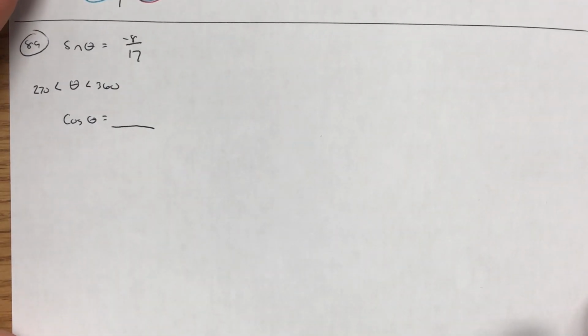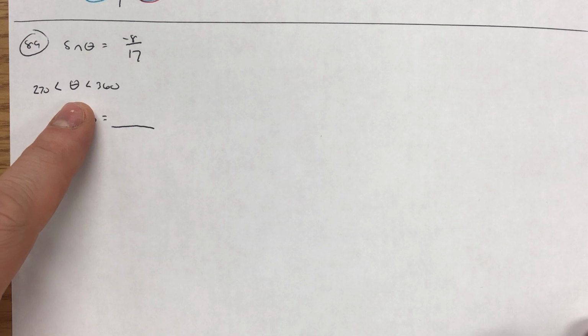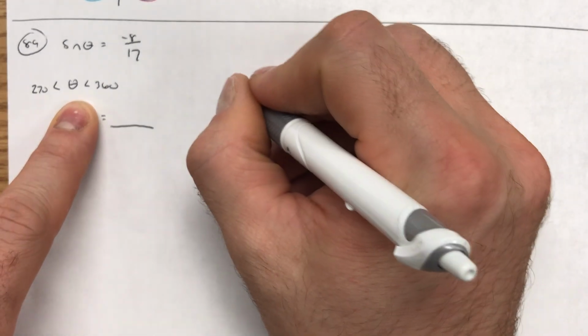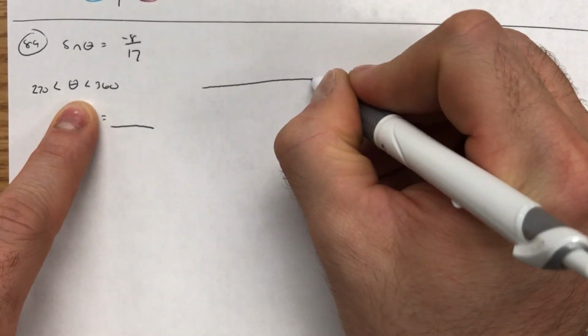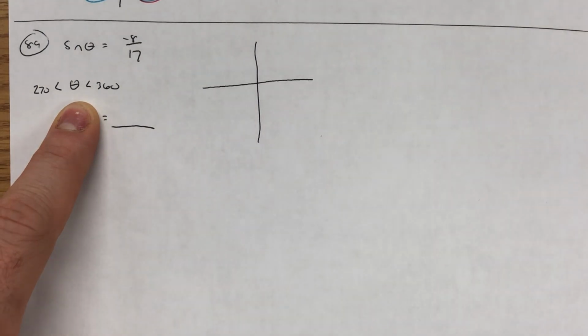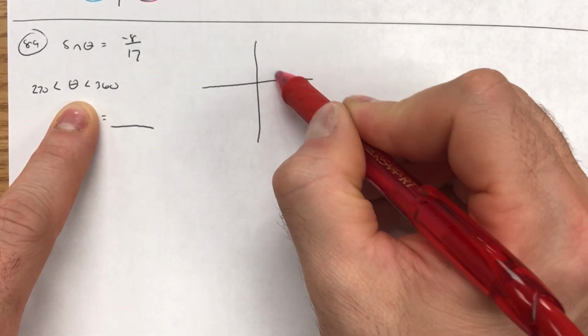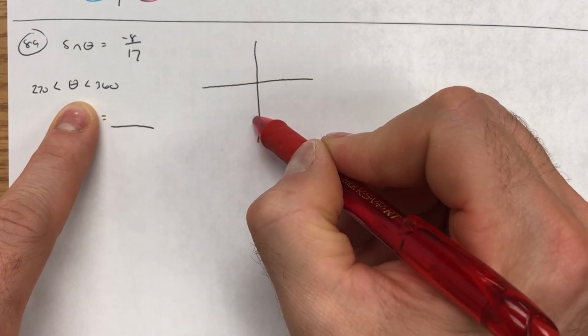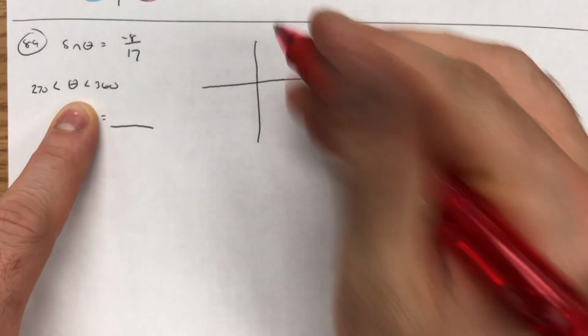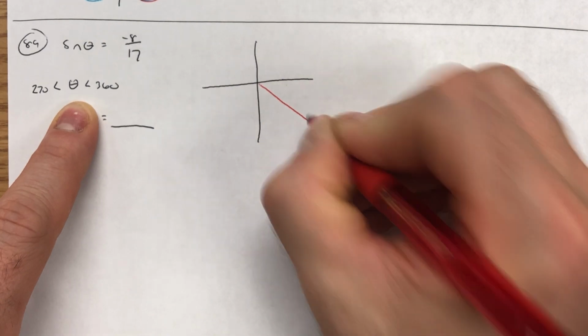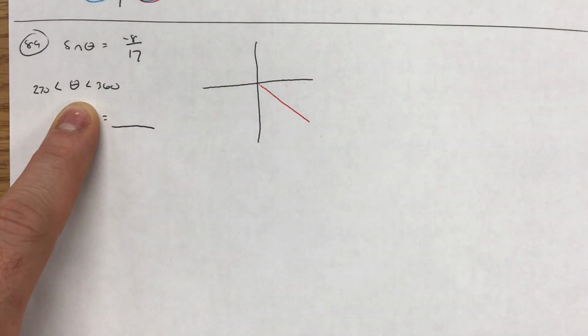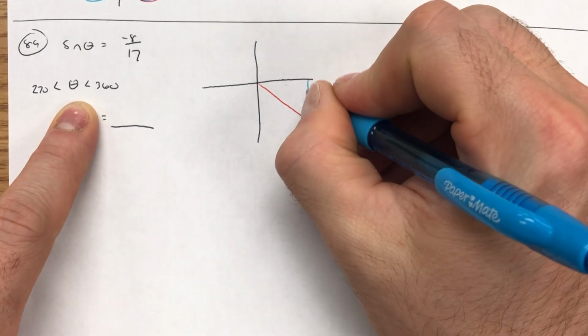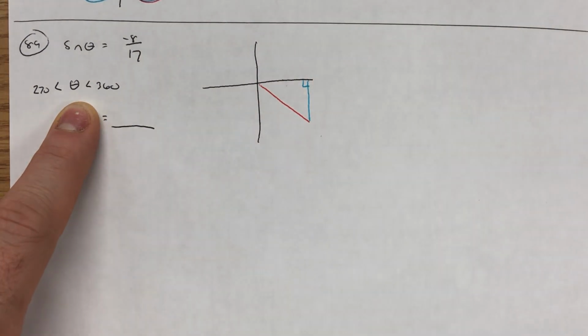So with this, I know which quadrant my angle measure is going to be in. If I have an angle measure between 0 and 90, 90 and 180, 180 and 270, 270 and 360, my angle measure is going to be down here, which means my triangle is this triangle right here.